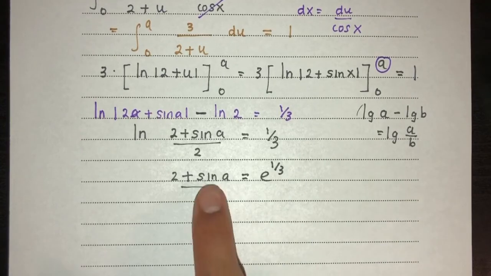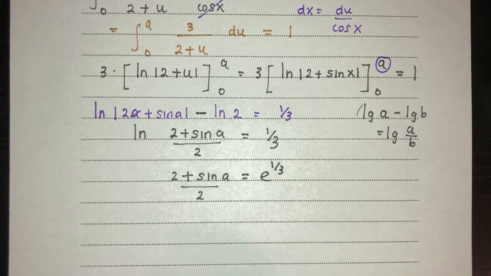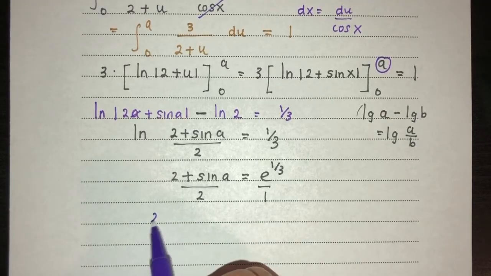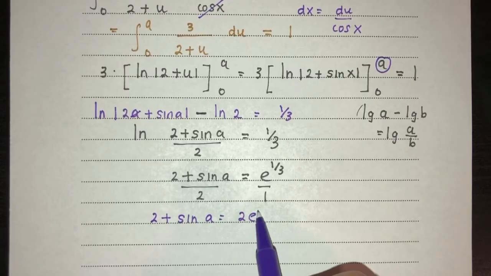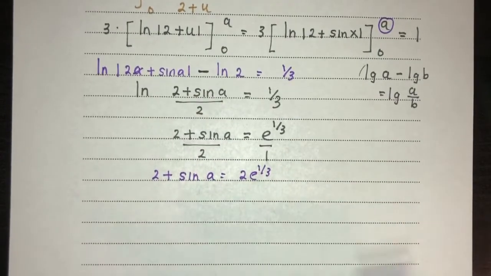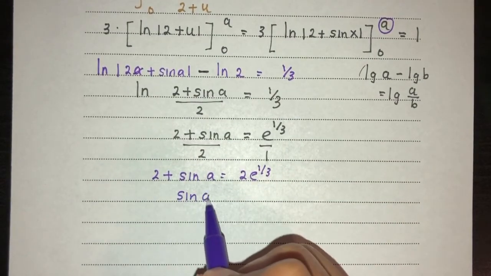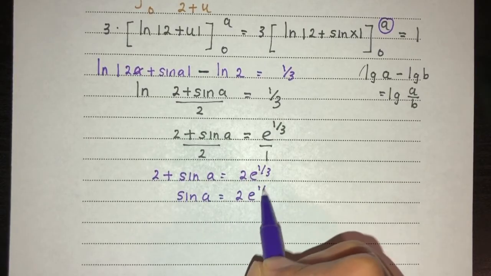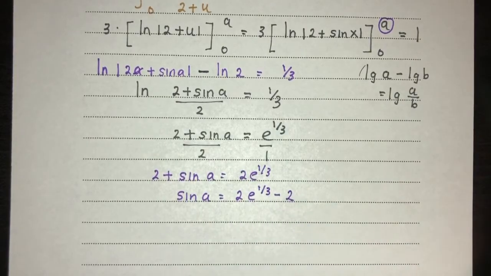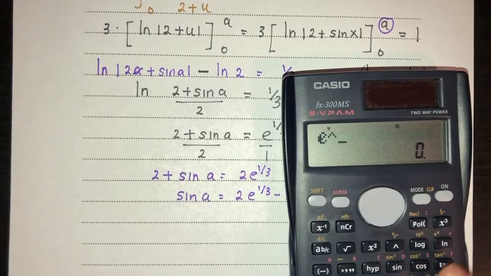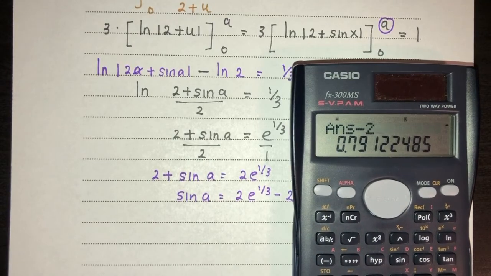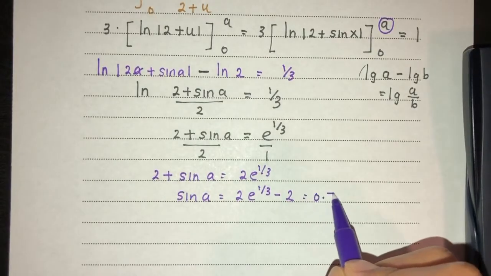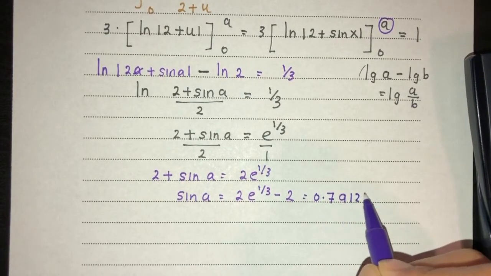And here we have to make sin a become the subject of the formula, so we can cross multiply. So you will have 2 plus sin a equals 2 exponential 1 over 3. So from this, sin a can equal to 2 exponential 1 over 3 minus 2. So what is that value? 2 e to the 1 over 3 minus 2 will be 0.79122.